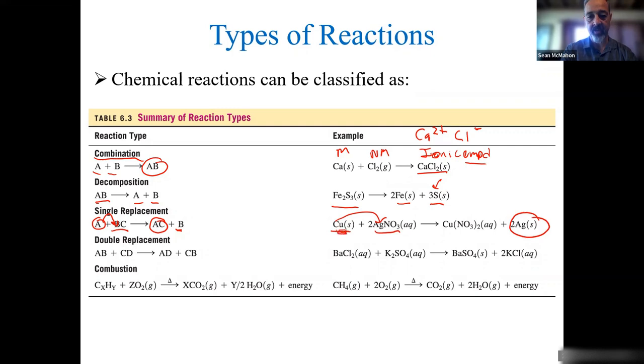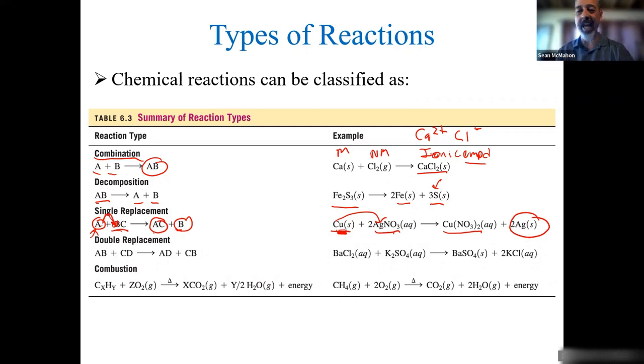So this element, copper, kicks out the silver to produce a new element, silver, and forms a new compound. So here I have silver nitrate, here I have copper 2 nitrate. Okay, that's single displacement. You could think of it as, here's a single person, here's a couple, this guy butts in and kicks out this guy, and now there's a new couple. I hate to post something that's kind of cheesy, but yeah.